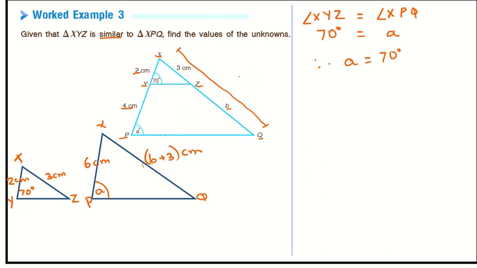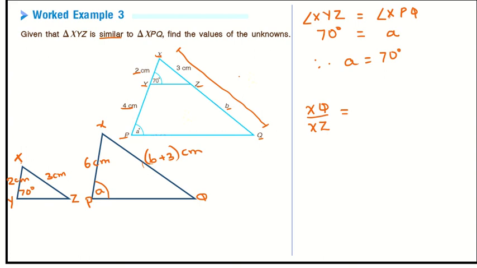Then we can say that also XQ corresponds with XZ. And since these two triangles are similar, it implies that the ratios of corresponding sides are equal. So that's why we use the equal sign.